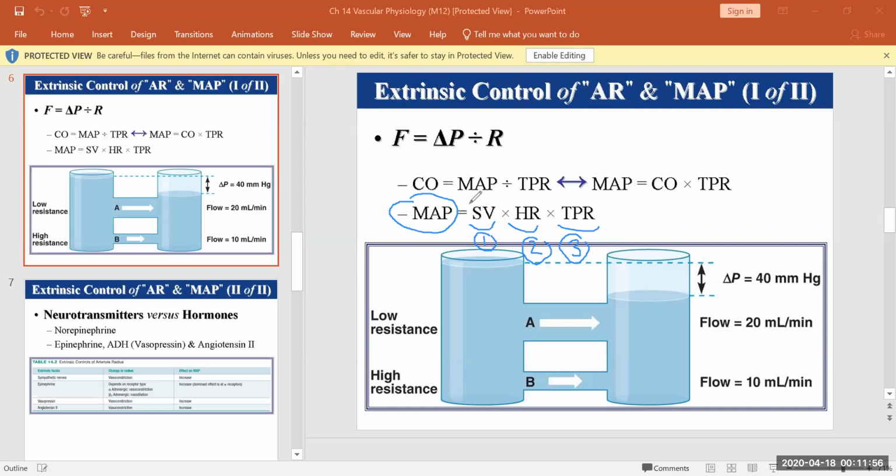The first two factors come from the heart, the mechanical component and the electrical component of the heart. The third factor comes from your blood vessels, the vascular beds. Now you see why we talk about the cardiovascular system, CVS.